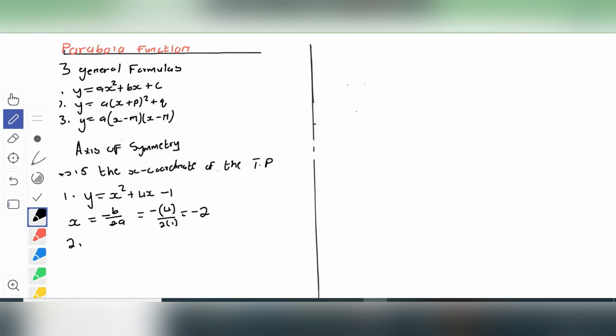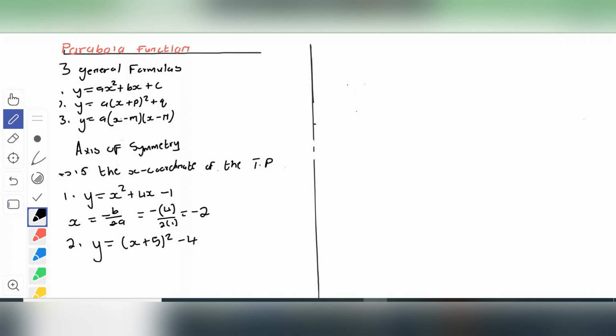If you are given an equation in this format, now let's change the format. Let's say y is equal to (x plus 5) squared minus 4. Remember, guys, this format is what you get whenever you have completed the square.